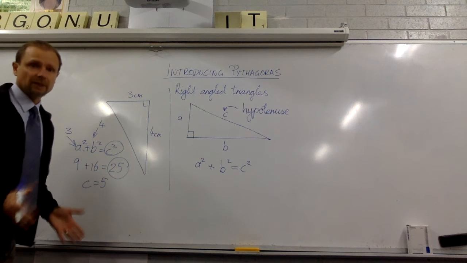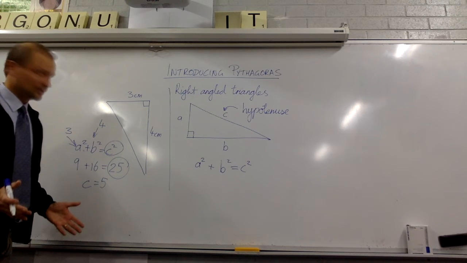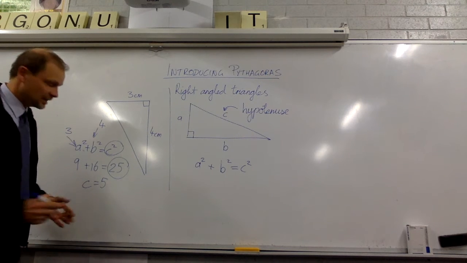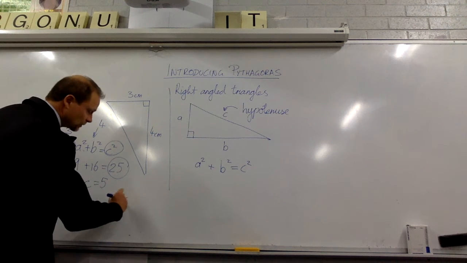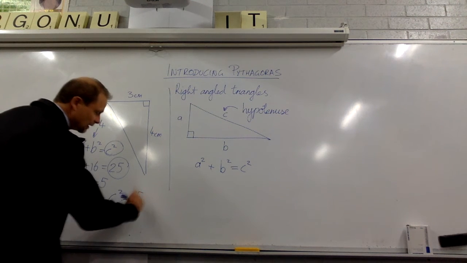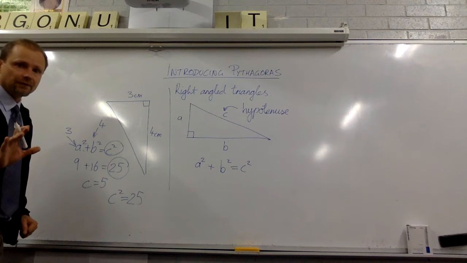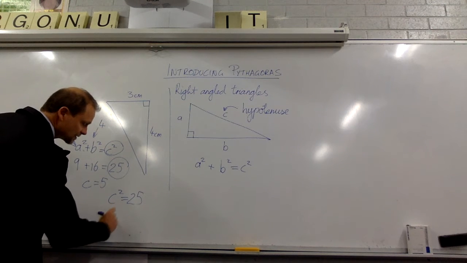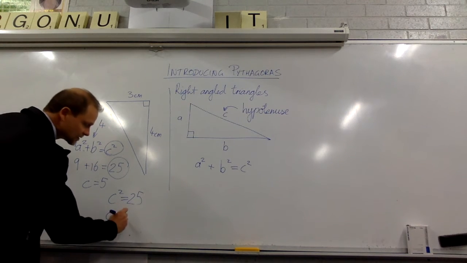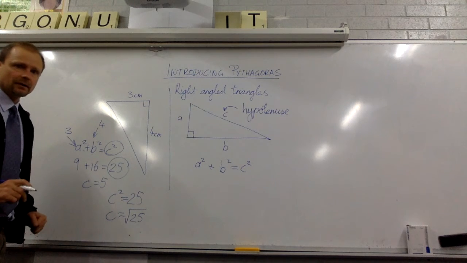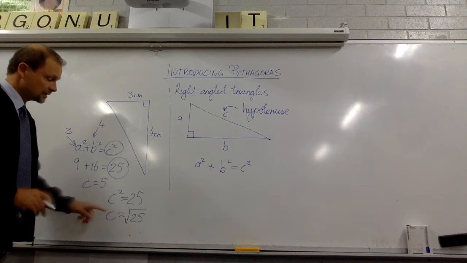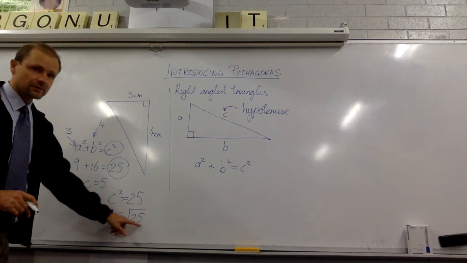Well, how do we do that mathematically? If I was to say C squared equals 25, then to find C, I would write C equals the square root of 25. All right? That's how we do it mathematically.